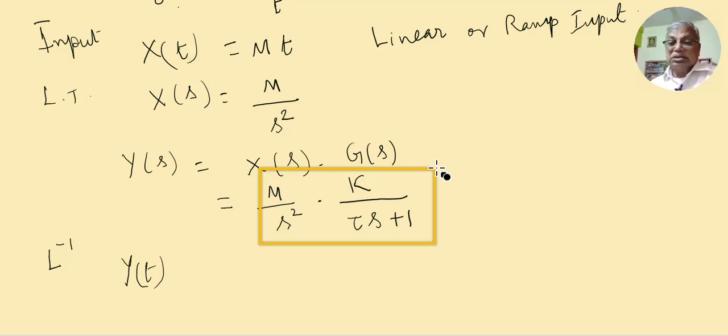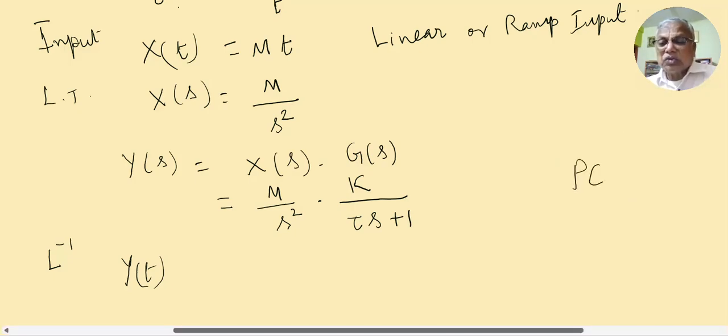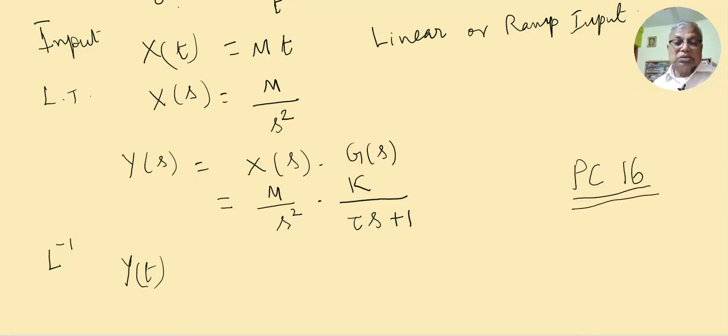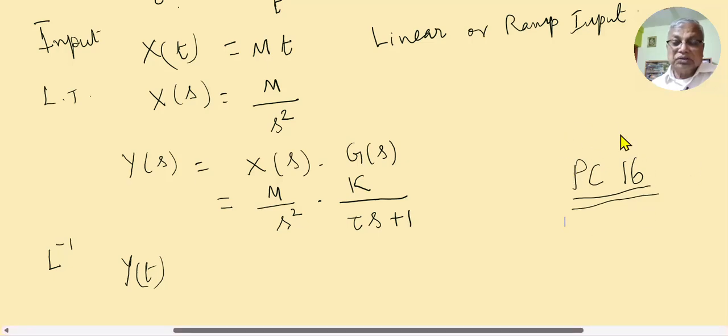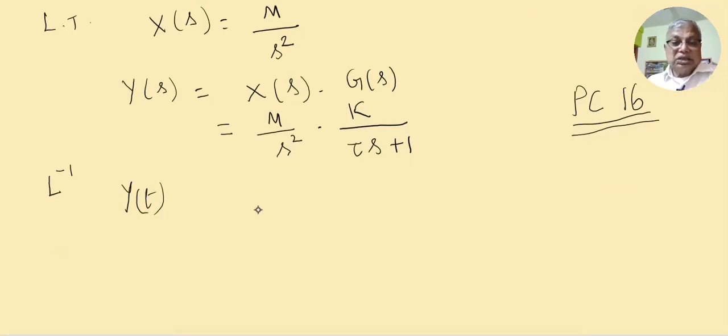This has been discussed in detail, and the derivation has been done earlier in one of my earlier lectures, which I think is PC16. So refer to my lecture titled PC16. The link for this is given above and below in the description. If you have seen that lecture where this inverse has been found out, what is that inverse?